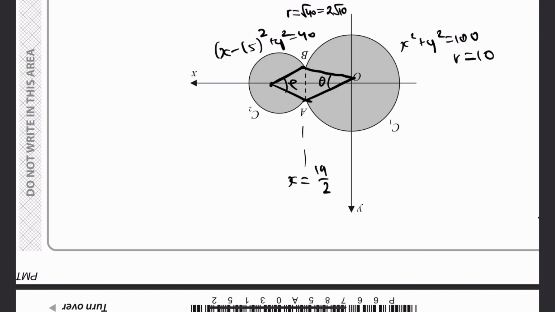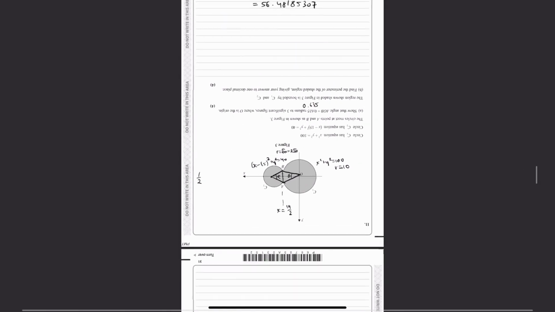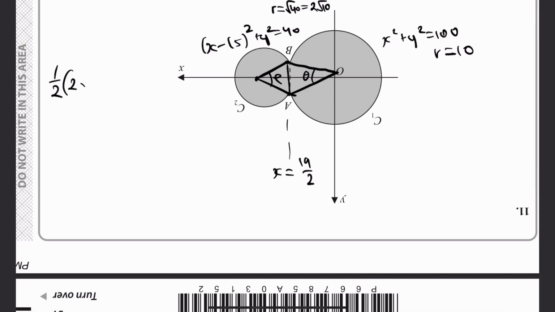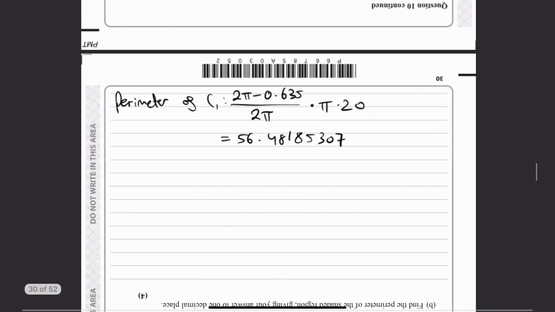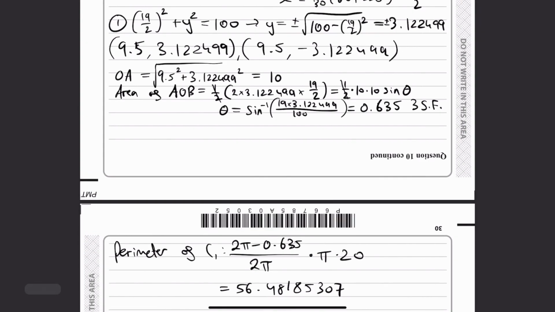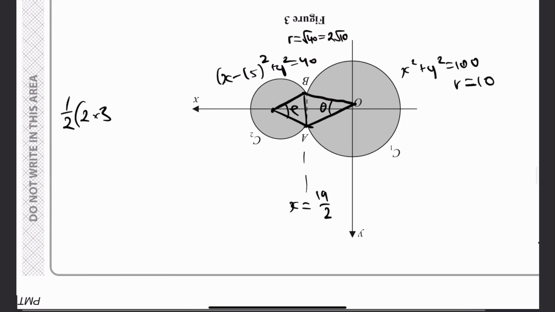Anyways, so we've got our two radii like so. So we've got 1/2 times base times height. So the base is just going to be same as before, 1/2 times 2 times 3.122499.